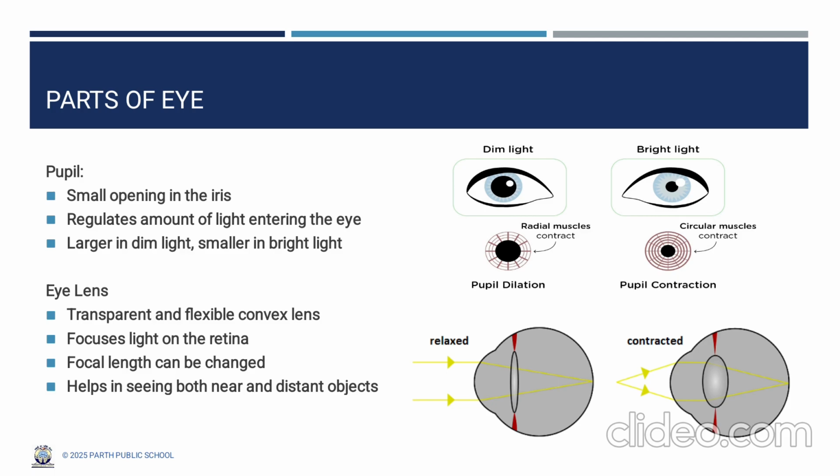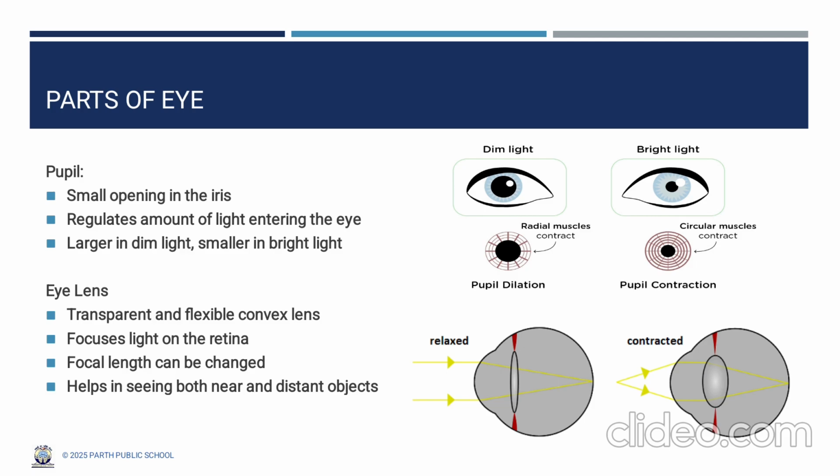And when we come in bright light, like when we are standing in sunlight, the size of the pupil becomes small, so that the minimum amount of light required to make an image can enter the eye. So it changes its size according to the situation around.